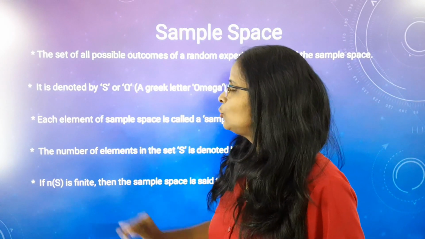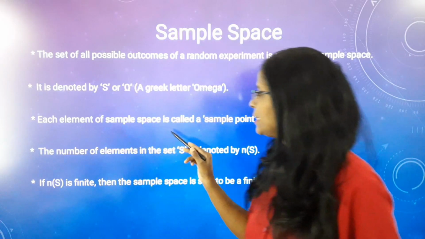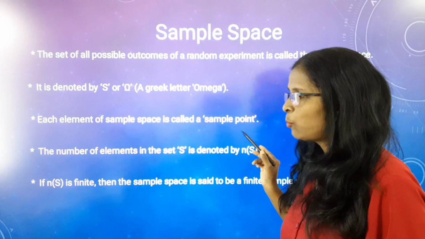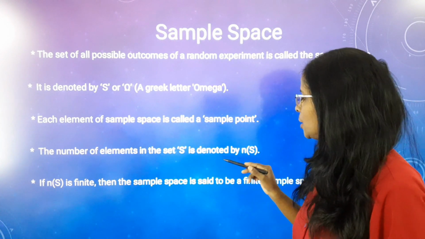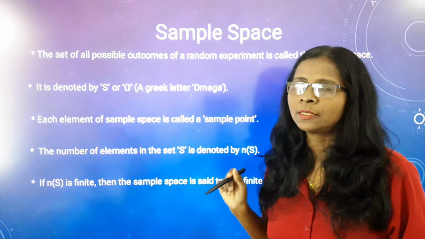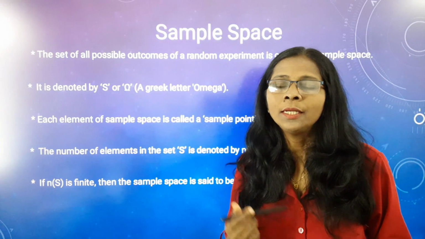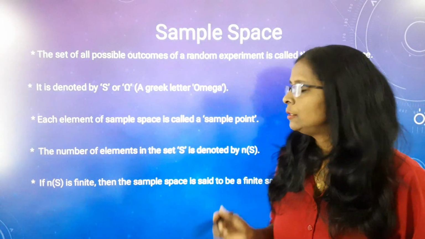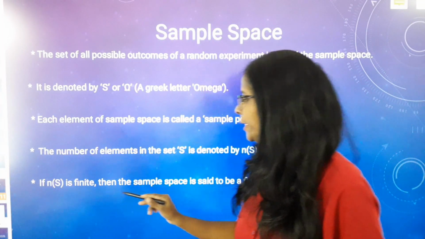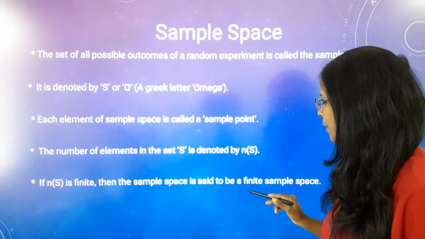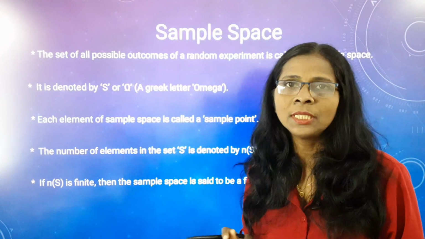Each element of the sample space is called a sample point. The number of elements in the set S is denoted by n(S). If n(S) is finite, then the sample space is said to be a finite sample space.